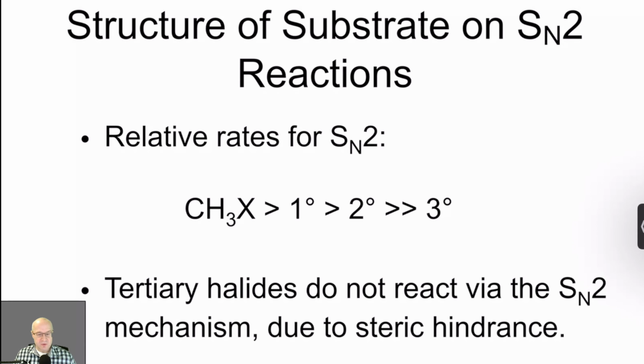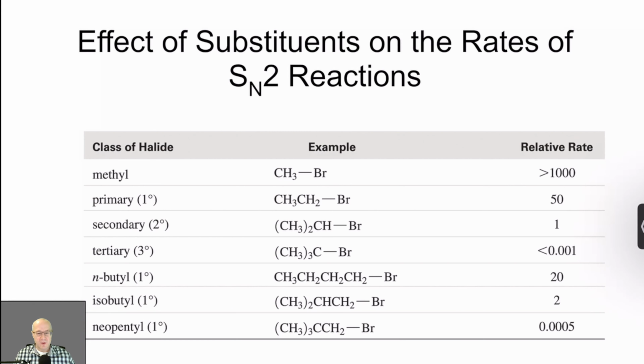The steric hindrance prevents SN2 reactions from occurring on tertiary halides. That's an important concept that you have to understand. Methyl reacts quick, primary reacts fast, secondary reacts slow but does react, tertiary does not react in SN2 mechanisms.